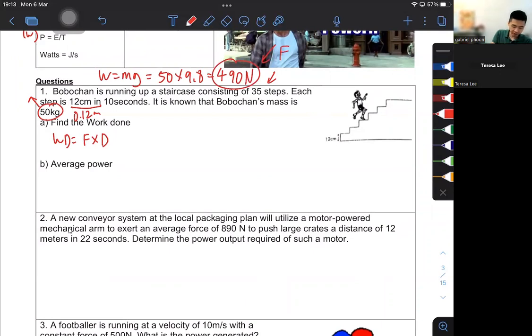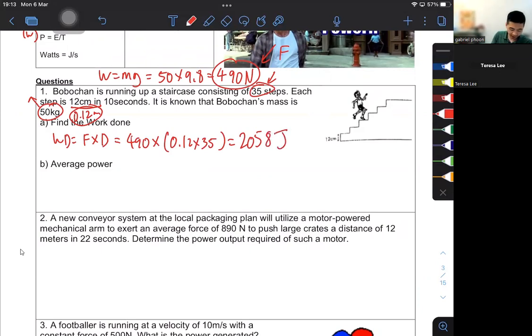Then your distance would have been this multiplied by 35. So from here, you're supposed to get 490 multiplied by 0.12 multiplied by 35. And you'll get 2058.